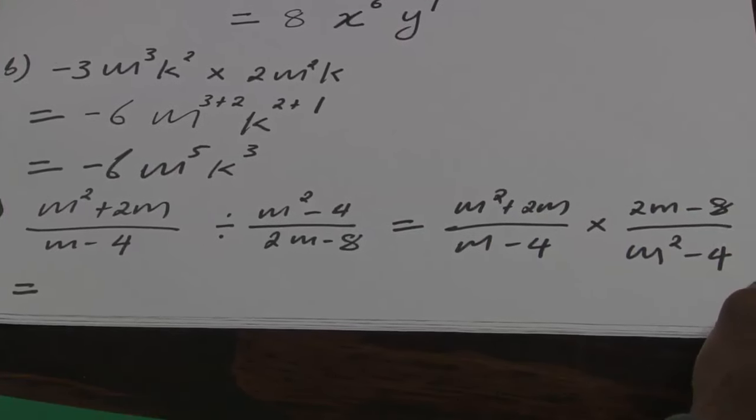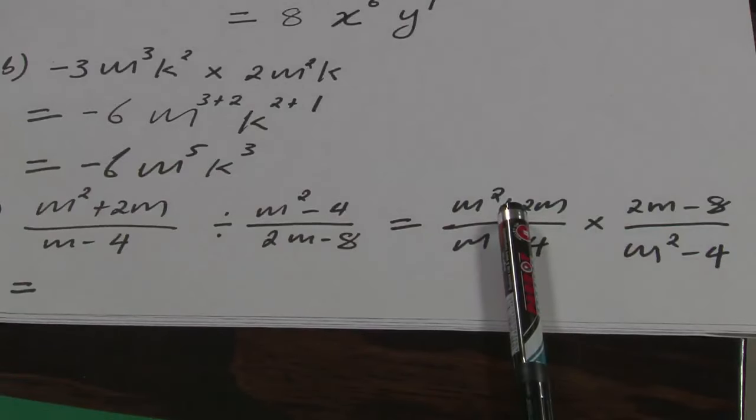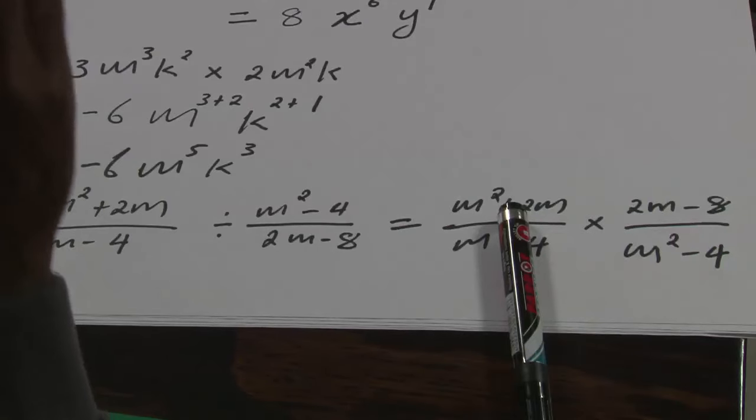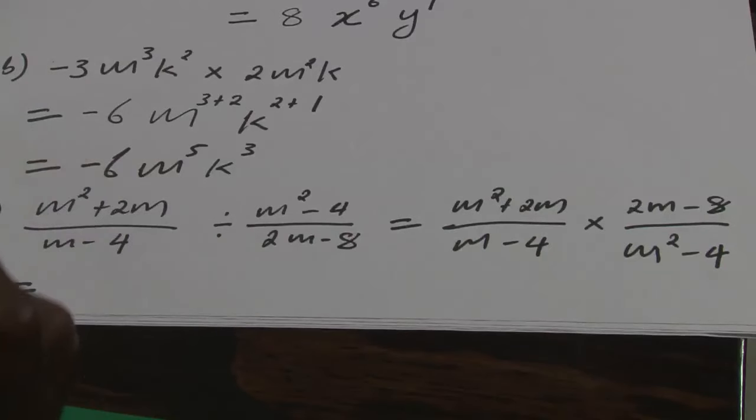If you look at the first term, for example, on top, m squared plus 2m, both terms contain m as a factor, which means we can factor m out. And of course, we talk about factorization a little later, but these are easier cases of factorization, and therefore we should be able to handle them.